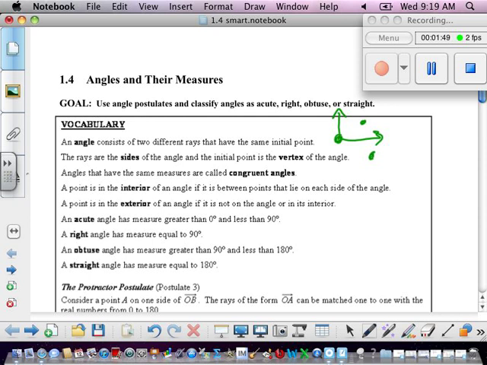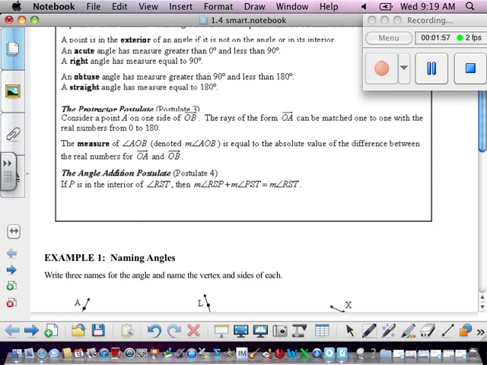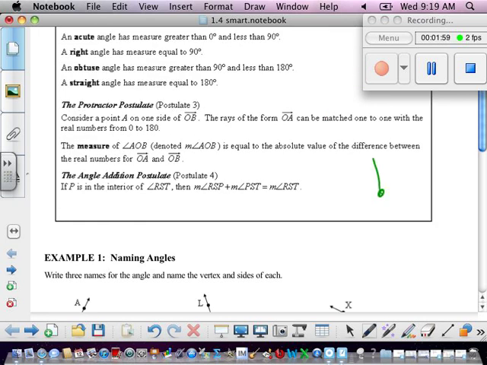Angle addition postulate. If you have two angles right next to each other, if you add them up, it equals the whole thing. Let's draw a picture of that. So if we have, okay, we know angle CDB plus angle BDA adds up to be angle CDA.